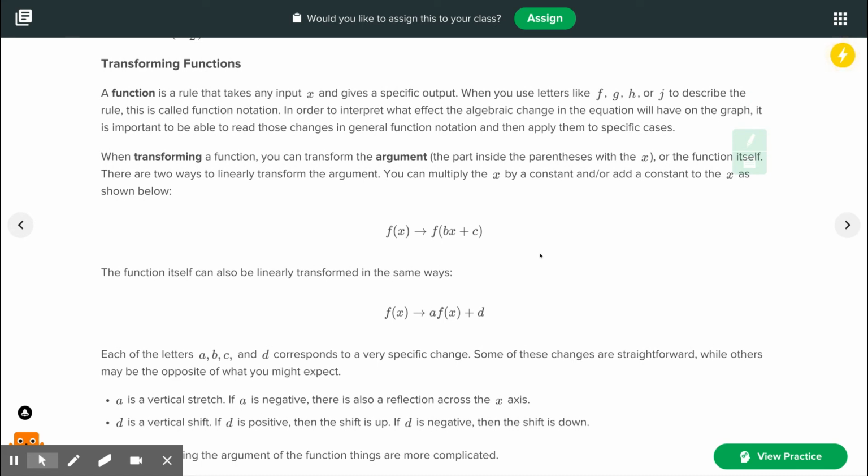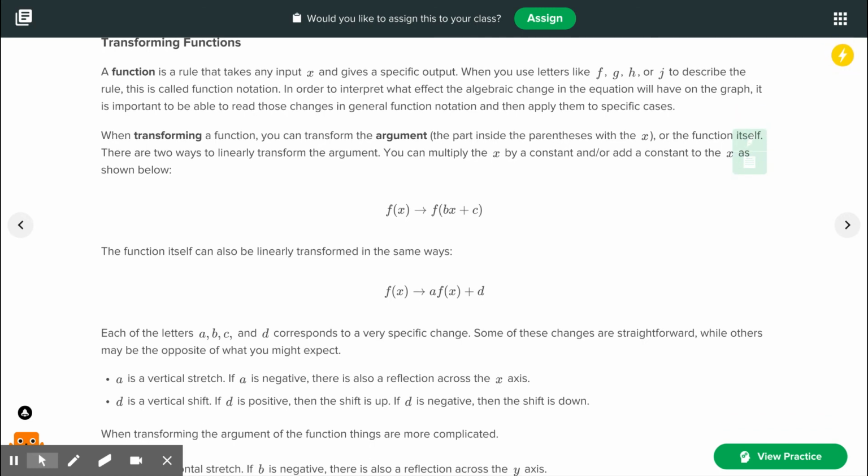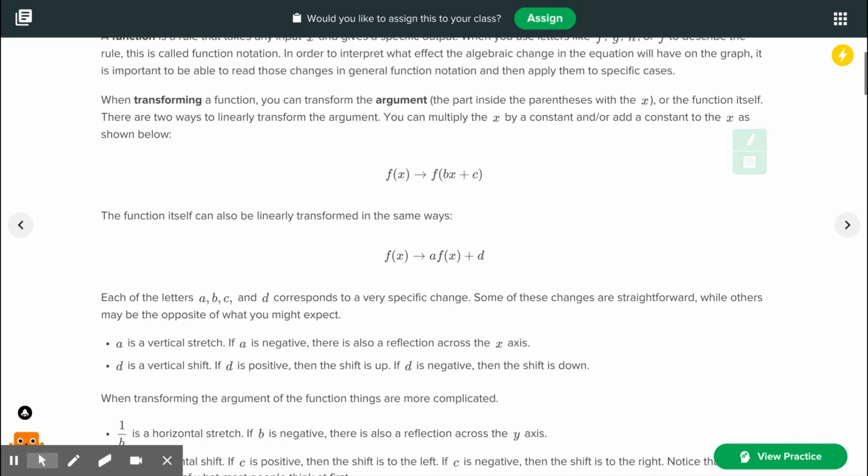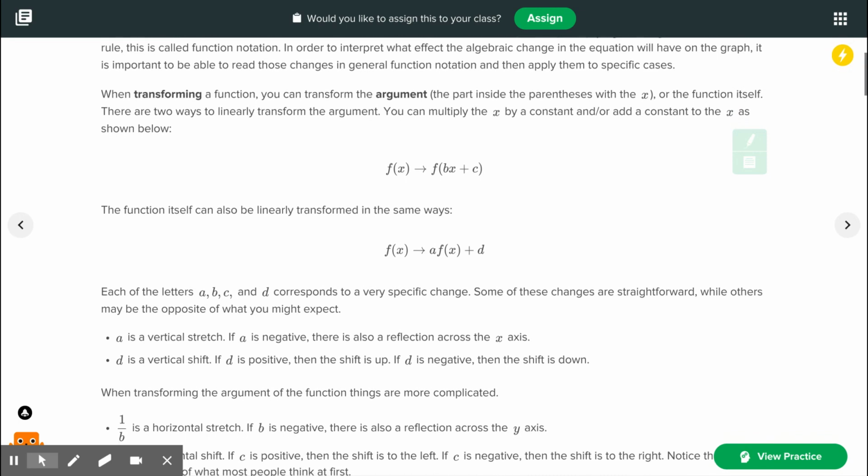When we use the letters F, G, H, J, things like that, typically we're talking about a function, which is really just an equation. Sometimes we can talk about one function and then how we transform that by adding or subtracting or multiplying different spots.